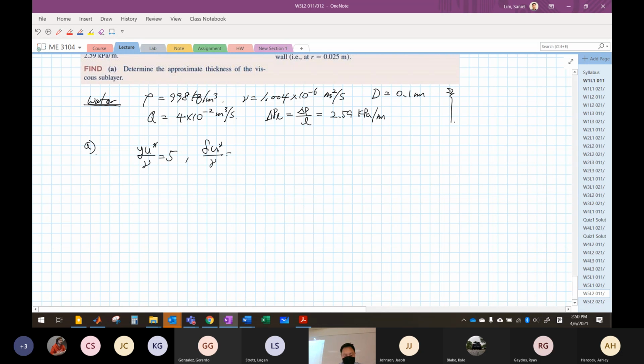Then u* is the root of tau over rho. So here you can just rearrange it: y = 5 nu over root of tau max w over rho. When you plug in the numbers, it's simple, right? You'll find 1.97 times 10 to the minus 5 meter. So it's going to be 19.7 micrometers.